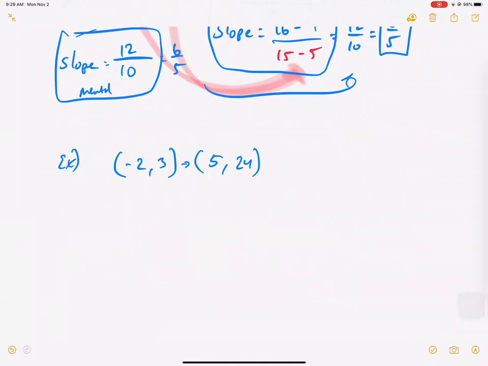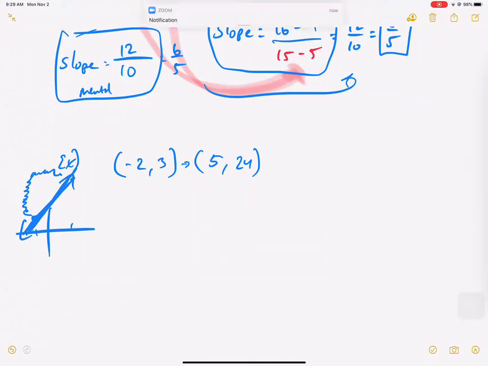But what is the slope? What is the change of what's going on here? I mean, if you really want to graph it, this is like -2, 3, and then 5, 24 is way up here. That's our graph here. How many spaces up? That's our rise. How many spaces over? That's our run.